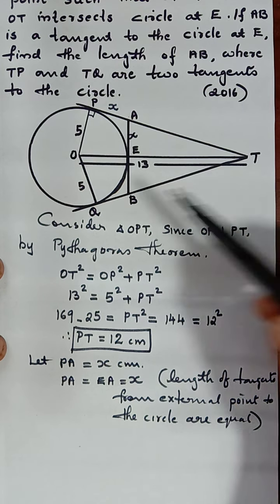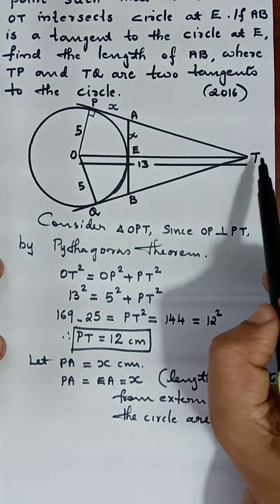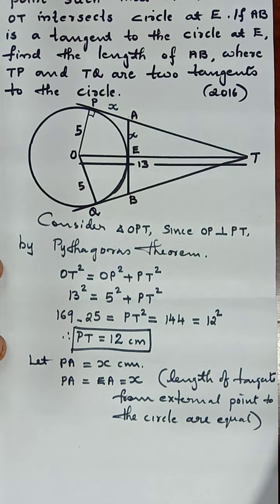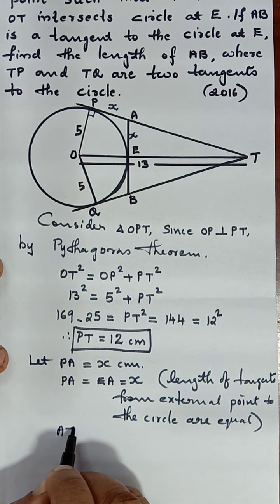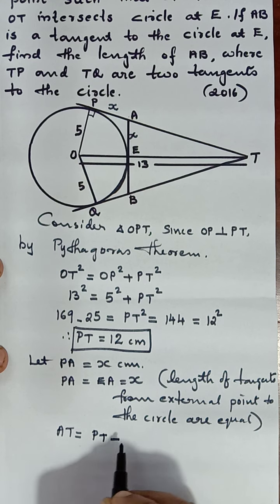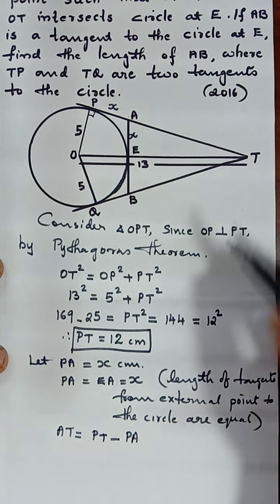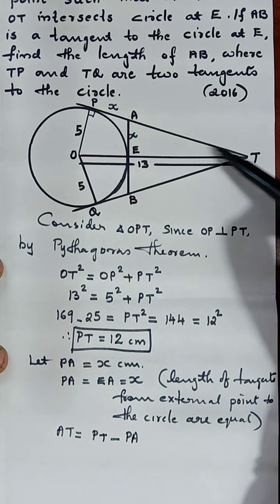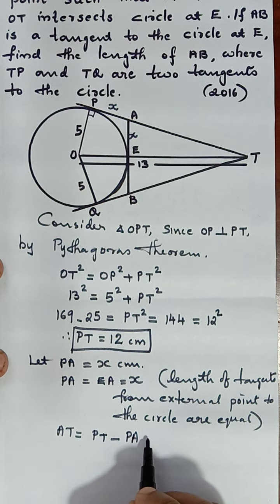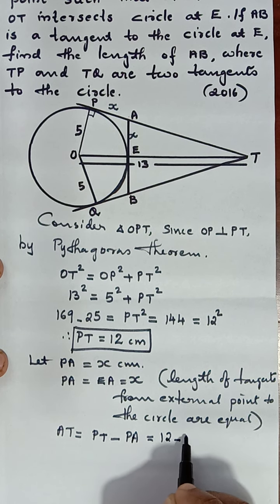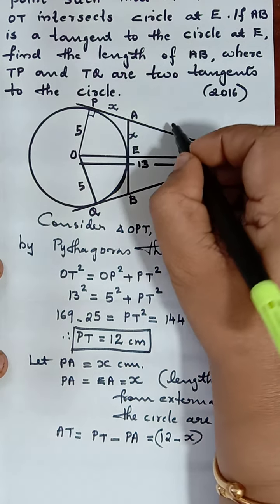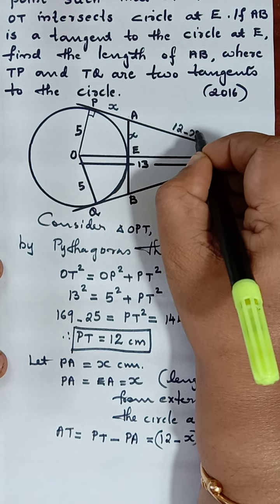If this is X, we have PT equal to 12 already found out. Therefore, what will be AT equal to? AT will be equal to PT minus PA. Isn't it? AT is a part of PT. That means PT minus PA. So PT here is 12 minus PA, which is X. Therefore, AT equal to 12 minus X.